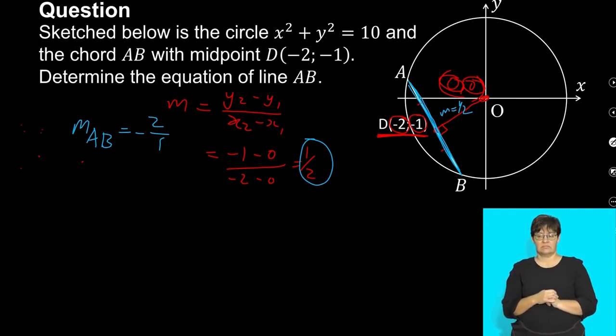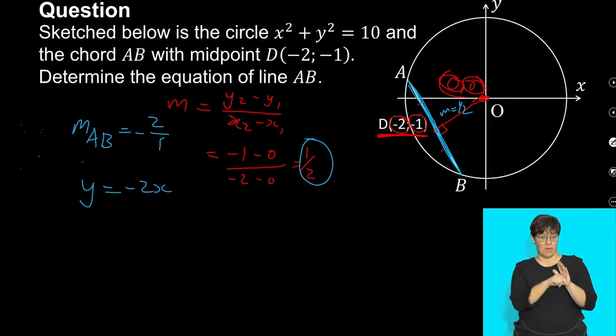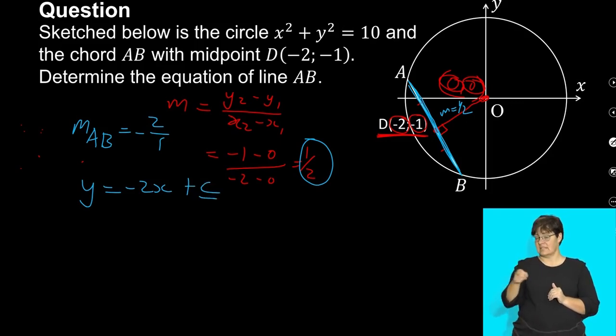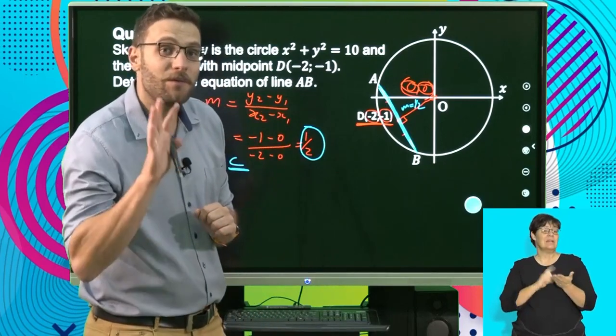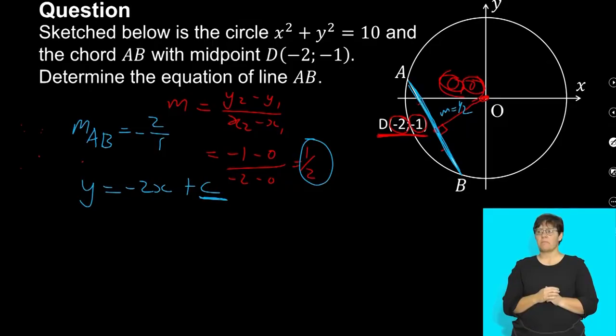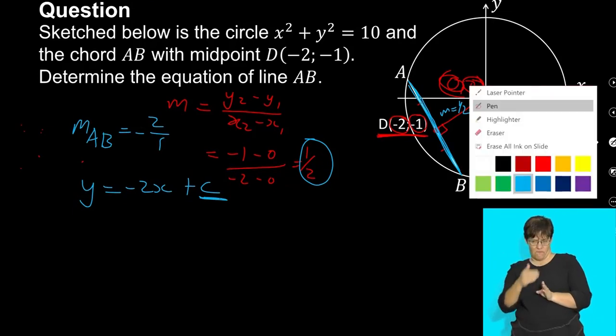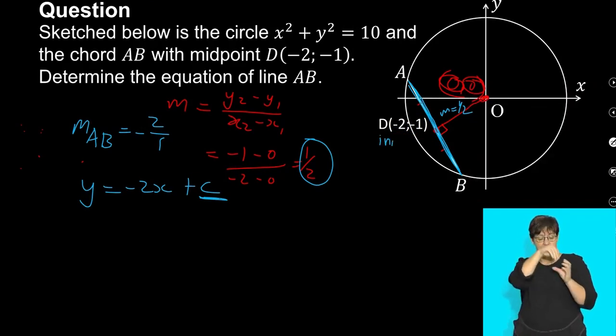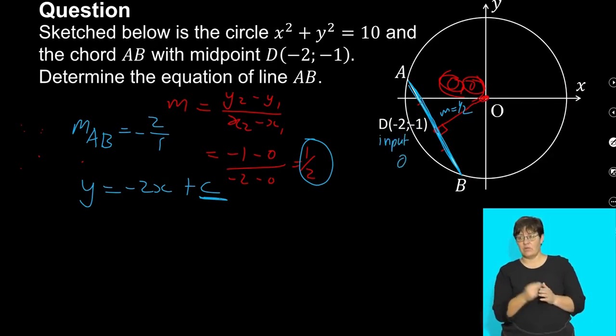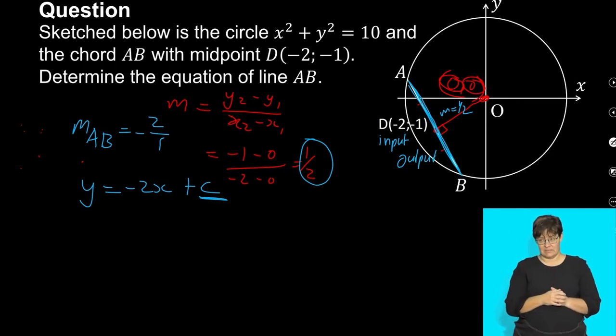And so, excellent. Now I have my gradient, minus 2x. All that remains for me to calculate is the y-intercept. Remember, when we did this in previous lessons, the whole idea about functions is that it's all about input and the resulting output.